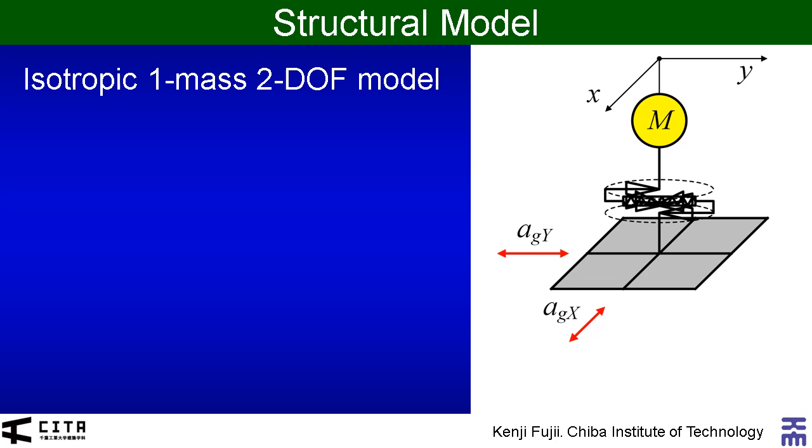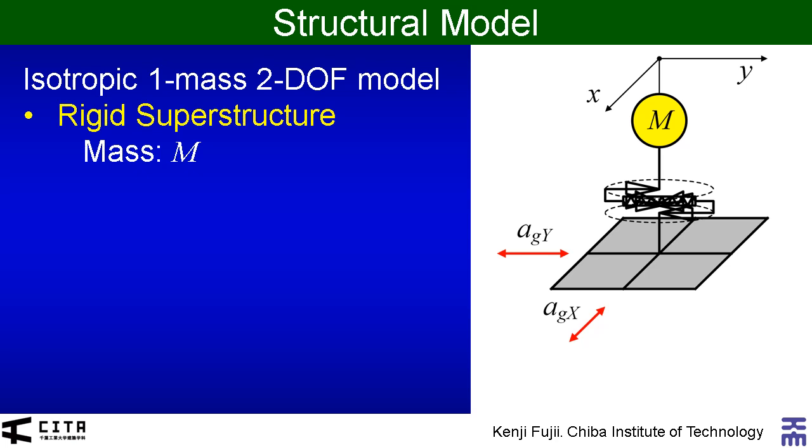In this study, a base isolated building is modeled as an isotropic 1 mass 2 degree of freedom model. The superstructure of the building is assumed to be a rigid body whose mass is m.